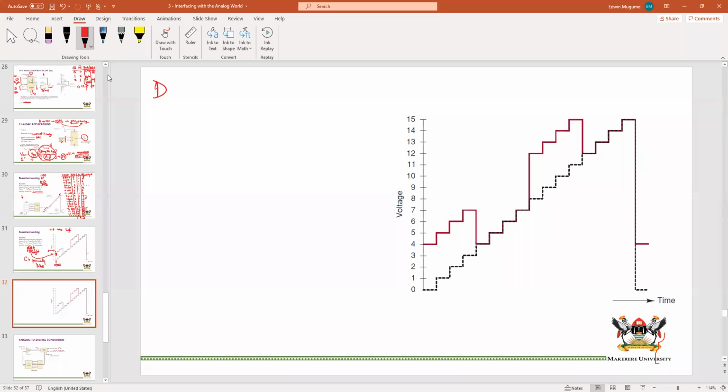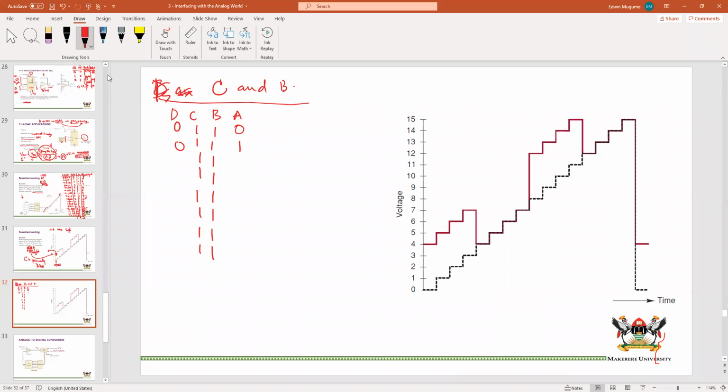if it is C and B that are permanently high, it means that you would have D, C, B, A. So it is 0, 0, 0, 0, 0, 0, 0, 1, 0, 0, 1, 0, 0, 0, 1, 1.